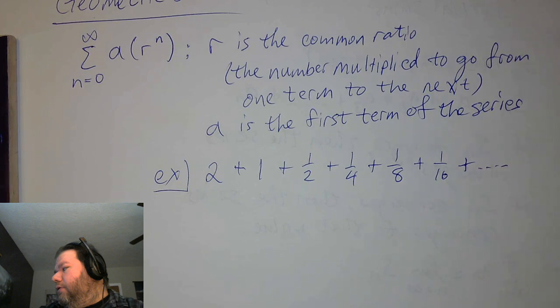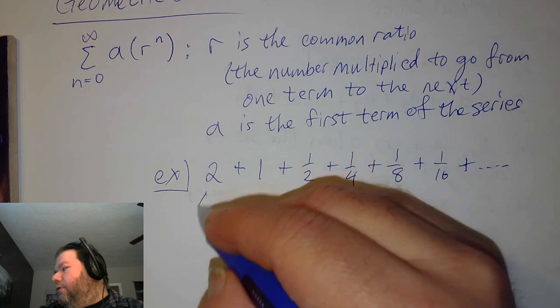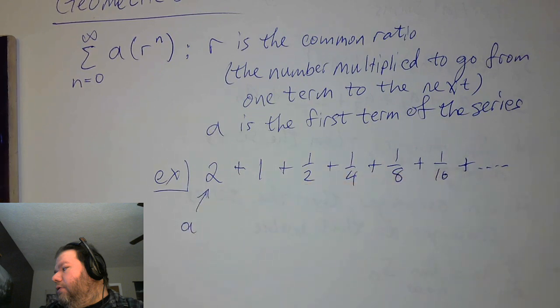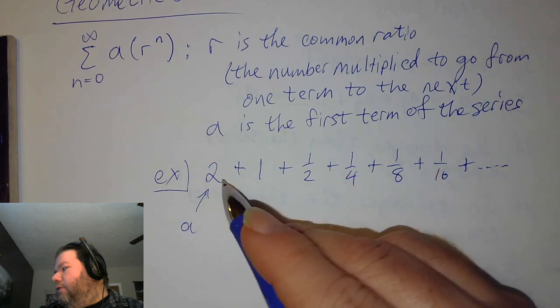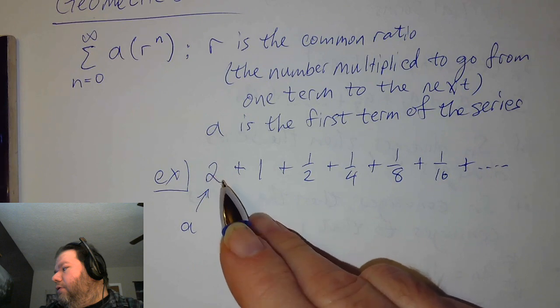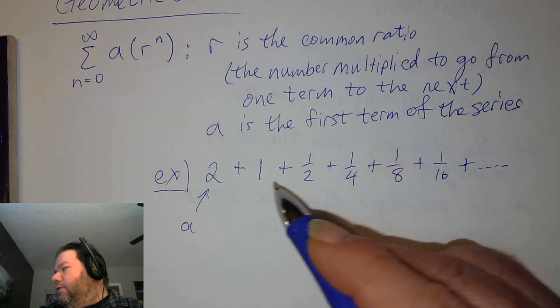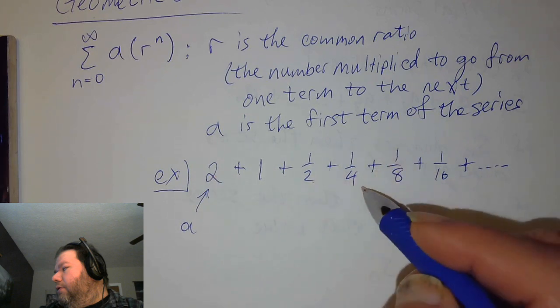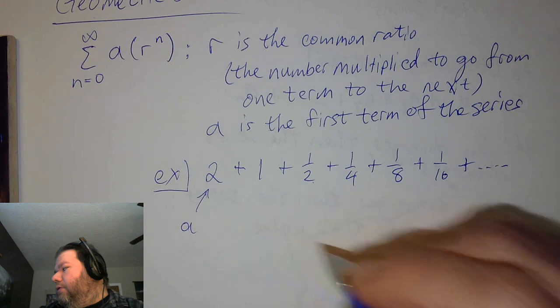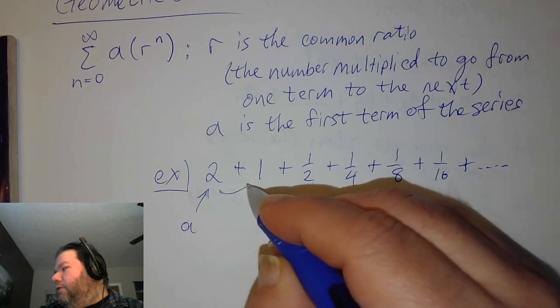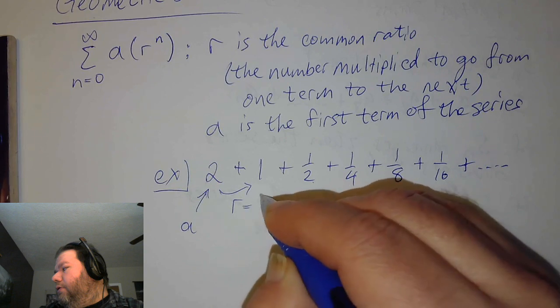So 2 plus 1 plus 1/2 plus 1/4 plus 1/8 plus 1/16. So we can see our first term is 2. That's a. Now the question is, what do we multiply by to go from 2 to 1, from 1 to 1/2, from 1/2 to 1/4, and so on? Well, our common ratio is 1 over 2.